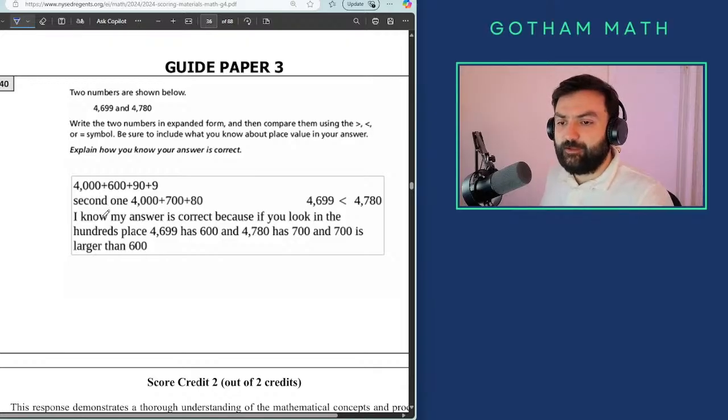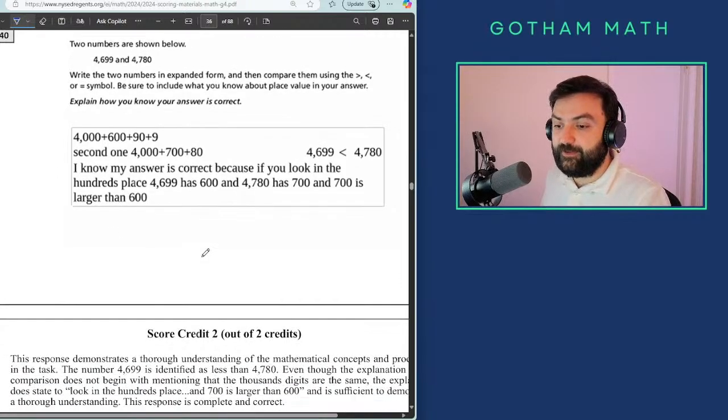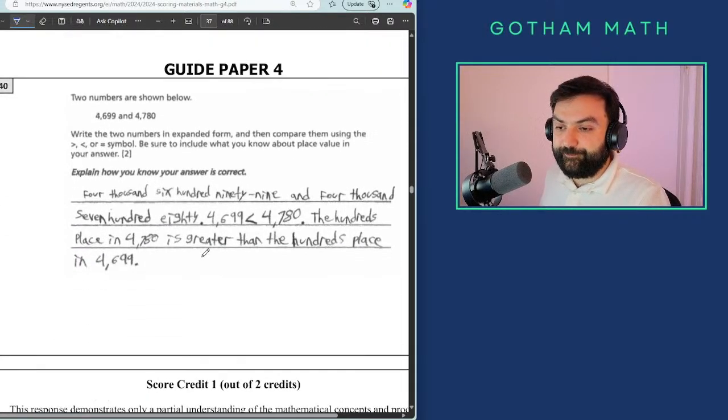Okay. I know my answer is correct because if you look at the hundreds place, that's what we said. In the hundreds place, 600 and then 700. 700 is larger than 600. All right. 4,000, just wrote it in words. Expanded form is not word form. I think that's why they got 4,699 and one. 4,780, yeah, this is graded.